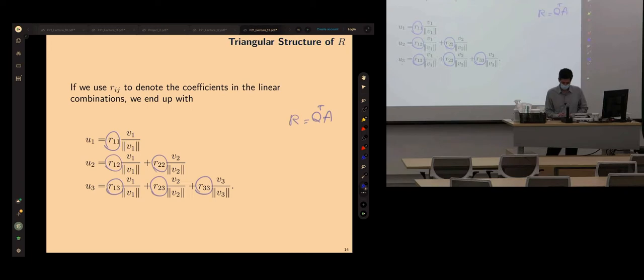So when you are in row 3, we name them R13, R23, R33, and so on.